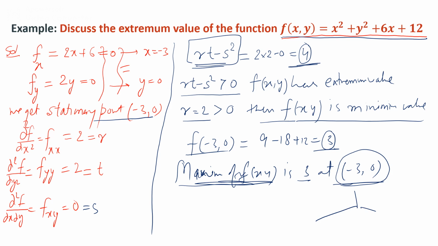Means if there is a point minus 3, 0, then at that point this is the minimum value of the function we obtained. So the stationary point is where the function has the extremum value.